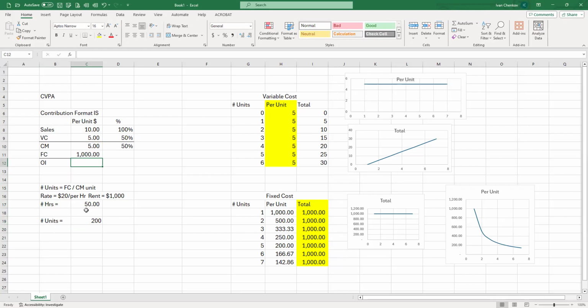So as you can see here, we're working with the contribution margin. Why are we working with the contribution margin? Because contribution margin is after the variable cost. It is the one that is left for us after we sell the unit and cover the variable cost, and now we can enjoy those $5.